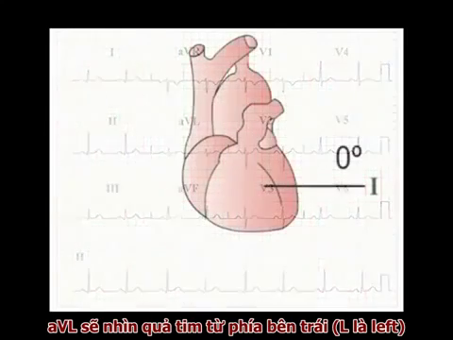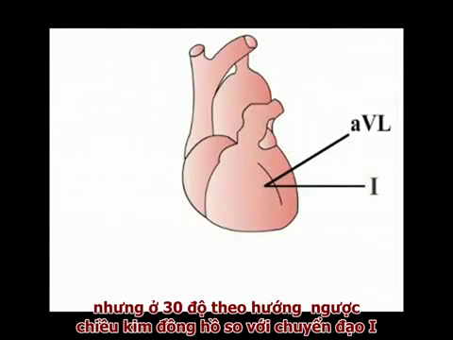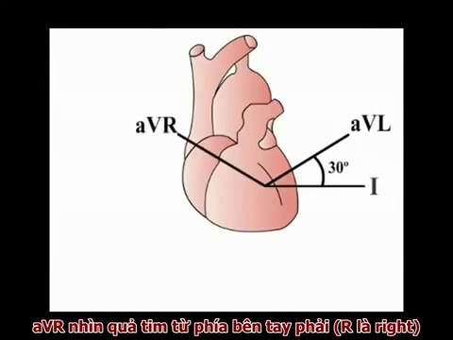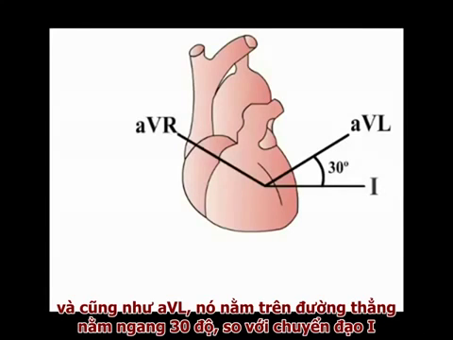AVL looks at the heart from the left, L is for left, but at 30 degrees anti-clockwise, or more to the left if you like, from lead 1. AVR looks at the right side of the heart, R is for right, and just like AVL, it is 30 degrees above the horizontal relative to lead 1.